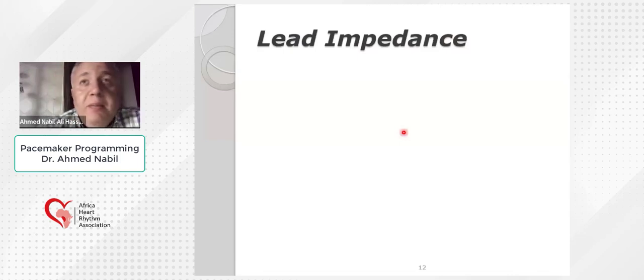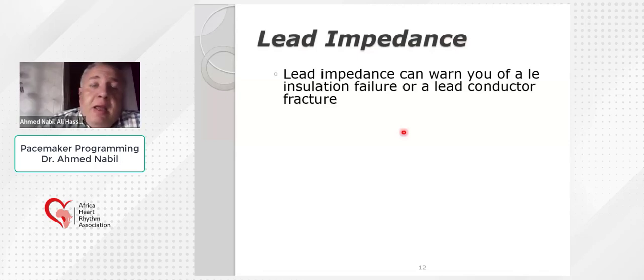We move to the lead impedance, which is the second hardware parameter that we measure for the pacemaker. If we define the lead impedance physically, it is the resistance of the electric current through the lead or the wire.